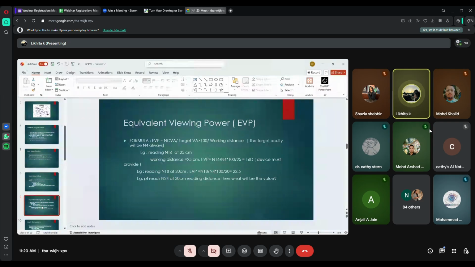So the formula for the EVP is NCVA divided by target visual acuity into 100 by working distance.